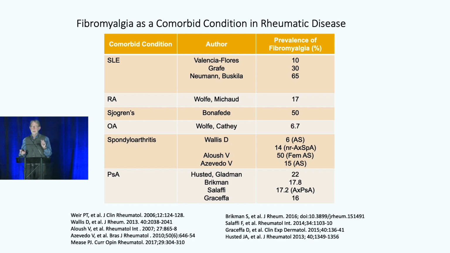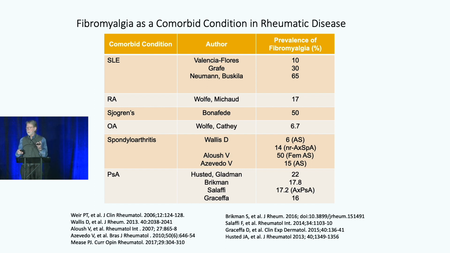Here's a table that summarizes the finding of fibromyalgia or nociplastic pain in many of our conditions. And as you can see, there's quite a range. In lupus studies, ranging from 10% of patients up to 65% of patients in one study. In rheumatoid arthritis, just shy of 20%.